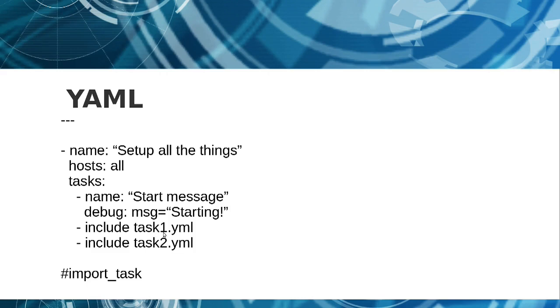The inclusion of tasks is really nice because that way you don't have one massively inflating playbook. That's another important terminology. Ansible uses what they call playbooks, and it's basically the master configuration file. It can do a bunch of other importing, but playbooks are the standard terminology for the individual chunk of thing you're configuring.